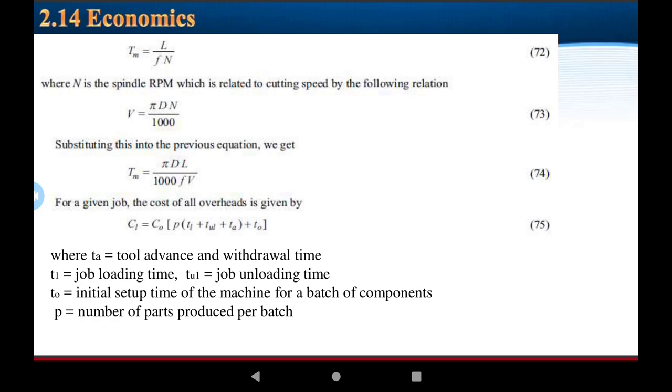T naught is the initial setup time for the machine for the batch of components. P is the number of parts produced in this batch operation.